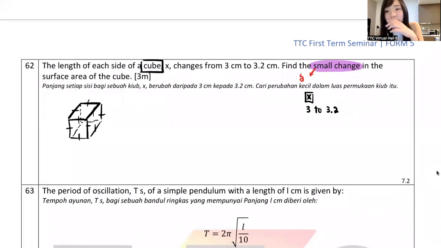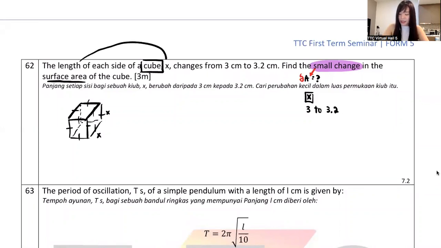Guys, what do you want to find? Very good, Vima, delta A. Why delta A? Because they want surface area. Now, all the sides, they don't call it L, they call it x. They say the length of the side is called x. So it's all x. So guys, let's do it. How do we do it? All the red questions use chain rule, something equals something times something.